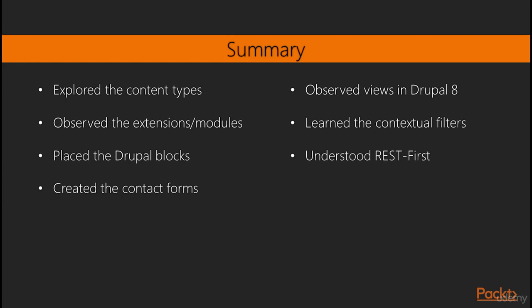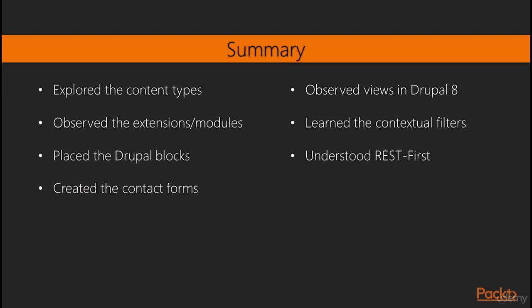We've taken a look at Drupal content types and how to work with them. We've learned how to expand our website's functionality using extensions or modules. We've taken a look at placing blocks into different block regions on our website. We've created contact forms. We dove into one of the most powerful modules in Drupal, which is the Views module.